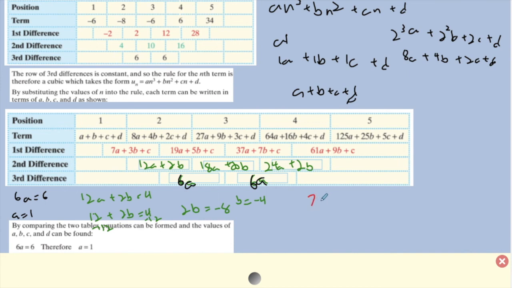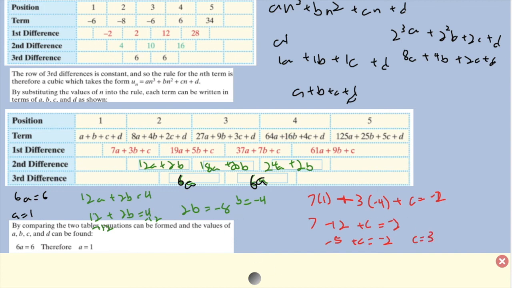So we know 7 times 1 plus 3 times our b of negative 4 plus c equals negative 2. 3 times negative 4 is negative 12, plus c equals negative 2. 7 minus 12 is negative 5, plus c is negative 2, plus 5, plus 5, c equals 3.